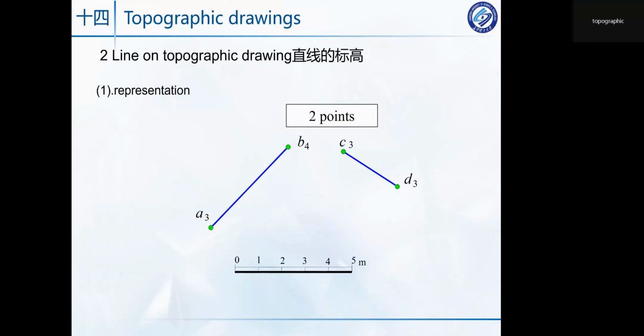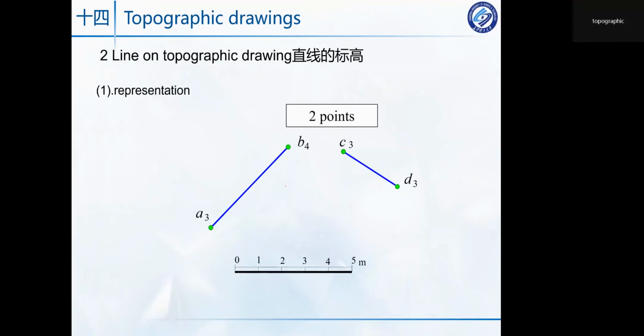And this one is the same. So please look at this line. You can see the C3 and D3. So what's its meaning? Who can tell me what is the feature of this line?